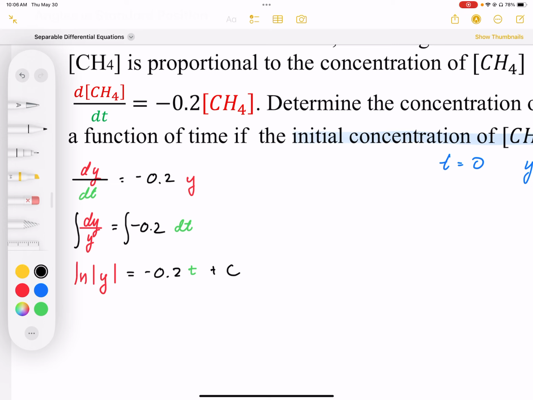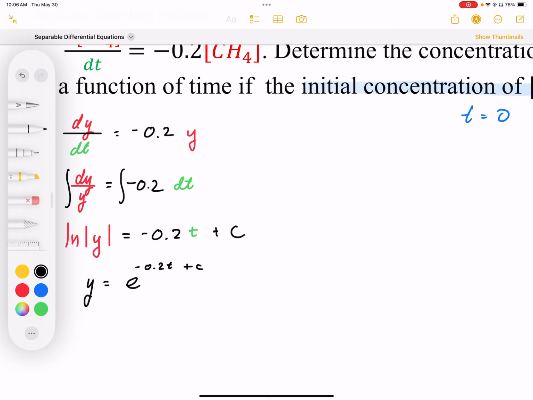I'm going to rewrite this as y equals e to the negative 0.2t plus c. And again, instead of solving for the plus c here, I'm going to rewrite this as y equals e to the c times e to the negative 0.2t. That plus c here is the same as e to the c.